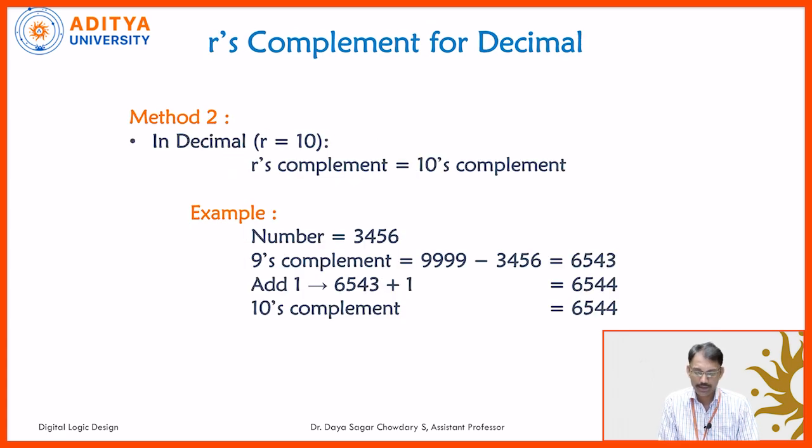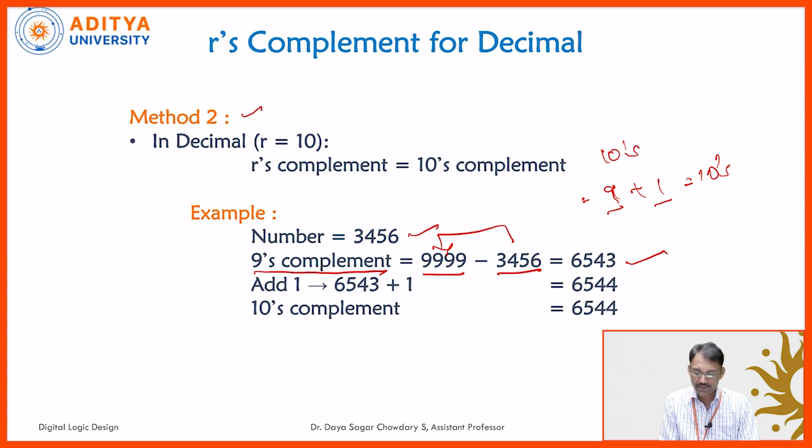Now r's complement for decimal, method 2. In this method, for calculating the 10's complement, we can calculate the 9's complement plus 1 gives the 10's complement. So the given number is 3456, the same number, and we calculate the 9's complement with the help of four 9's, that means the given data is subtracted from the four 9's, and the result is 6543.